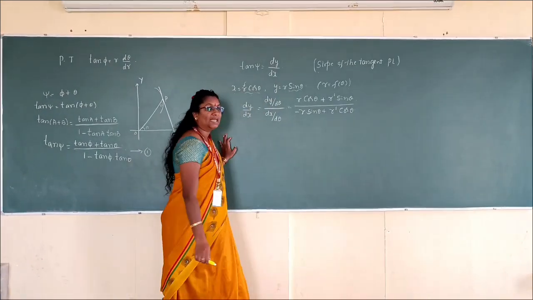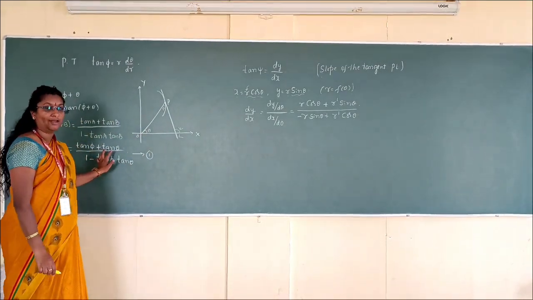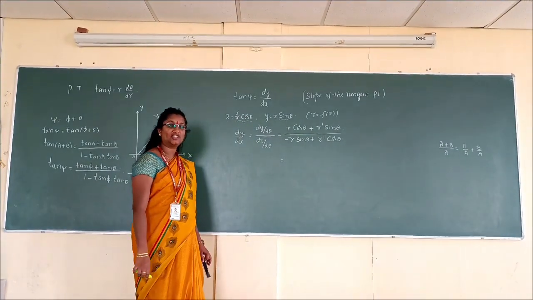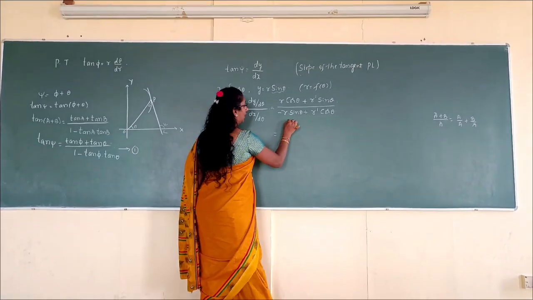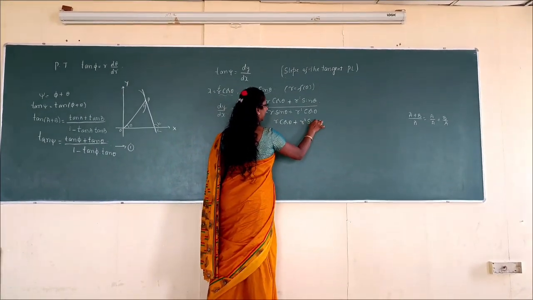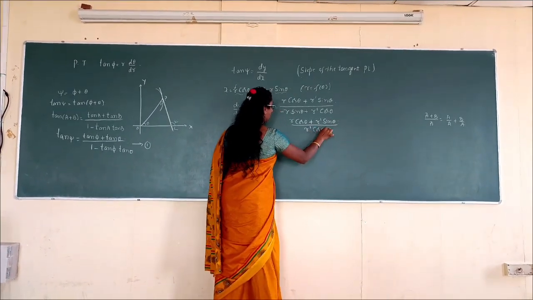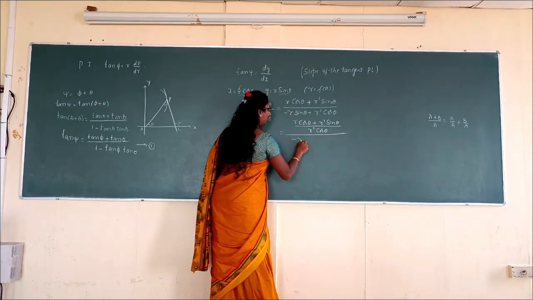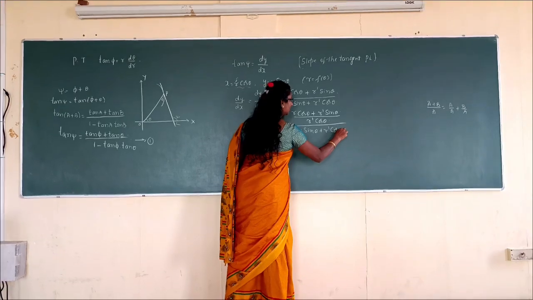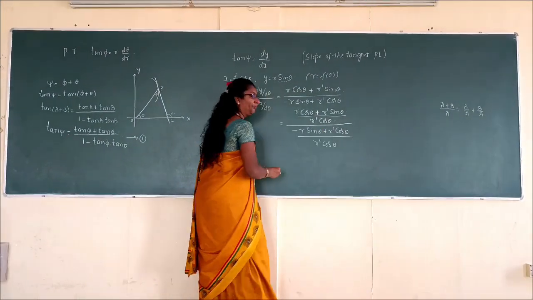We have to frame it in terms of tan to compare with equation number 1. For that purpose, we divide by r dash cos theta. So r into cos theta plus r dash sin theta divided by r dash cos theta, whole divided by minus r into sin theta plus r dash cos theta divided by r dash into cos theta.